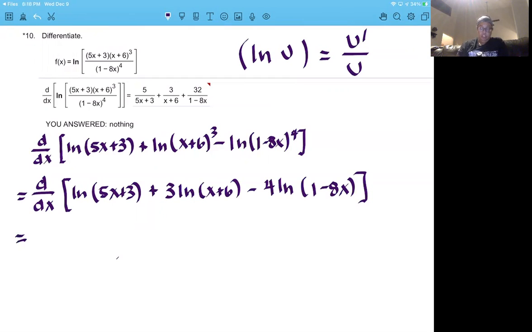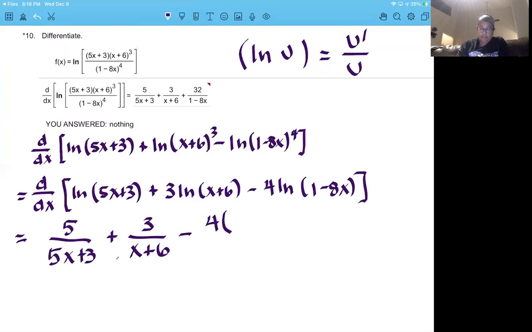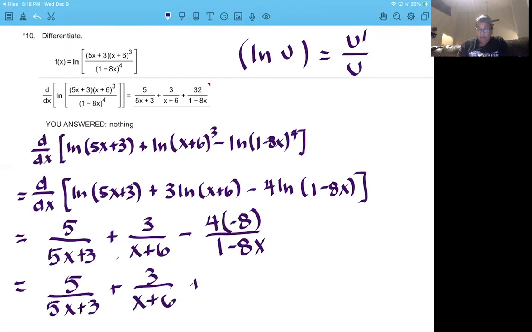Okay, so I'm looking at this first term, the derivative of 5x plus 3, the derivative of that is 5 over the inside, 5x plus 3, plus 3, the derivative of the inside of x plus 6 is just 1 over the inside, minus 4, the derivative of 1 minus 8x is negative 8 over the inside, 1 minus 8x. So 5 over 5x plus 3 plus 3 over x plus 6 plus 32 over 1 minus 8x.